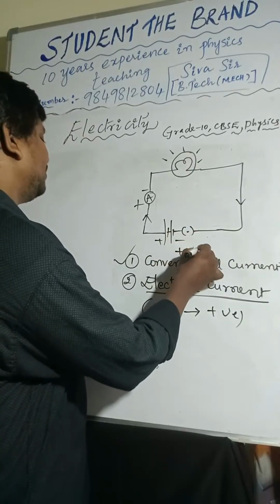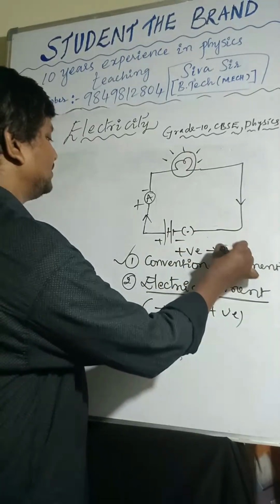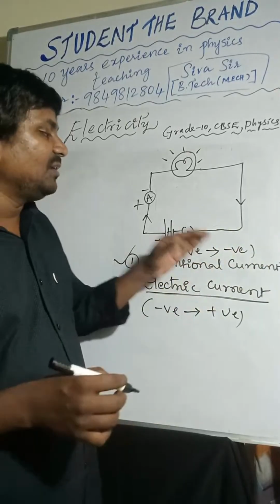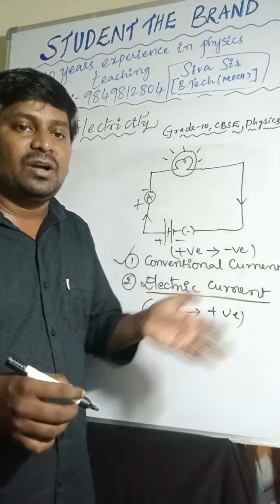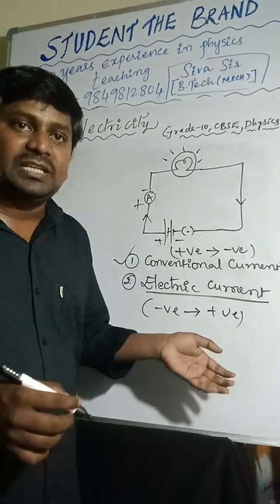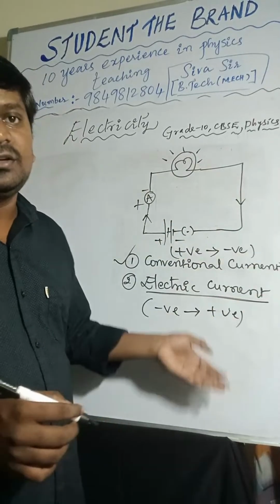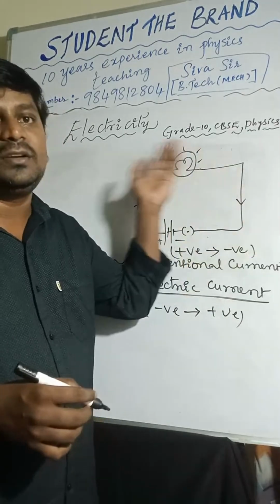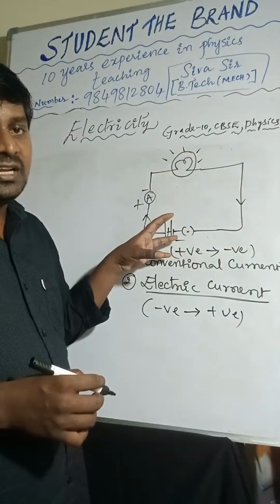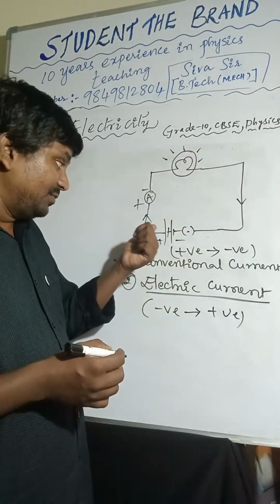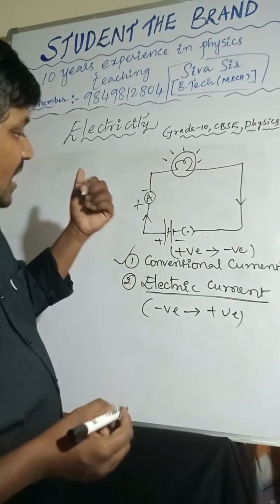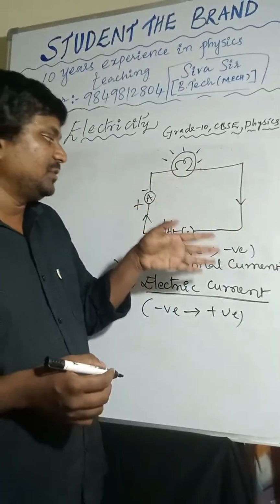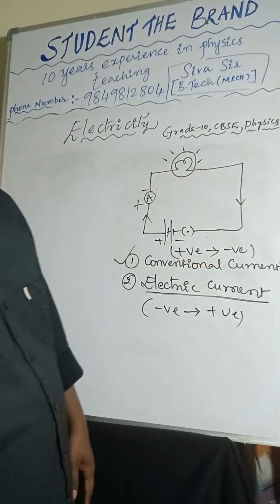Conventional current moves from positive terminal to negative terminal, as the flow of positive charges. Electric current is the flow of electrons, from negative terminal to positive terminal. So these are the differences between conventional current and electric current.